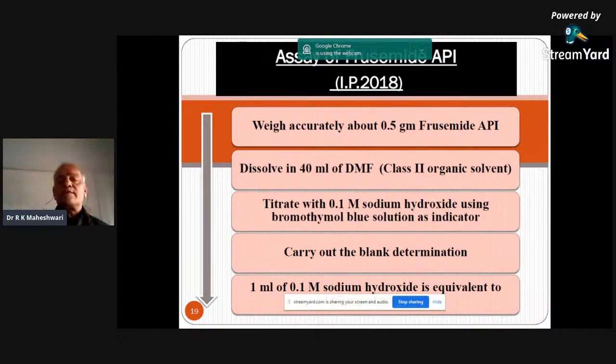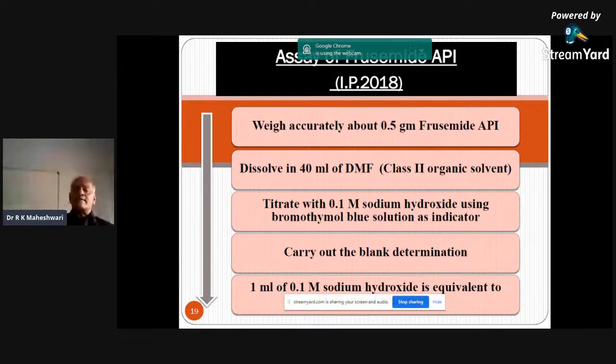This means in the earlier solution also this 1 ml would have been consumed for 40 ml of DMF. So this 1 ml of alkali solution will be subtracted from the original value. Suppose in the previous titration it was 25 ml of NaOH solution. So 25 minus 1 ml means 24 ml has been consumed by the drug. So this is known as blank determination.